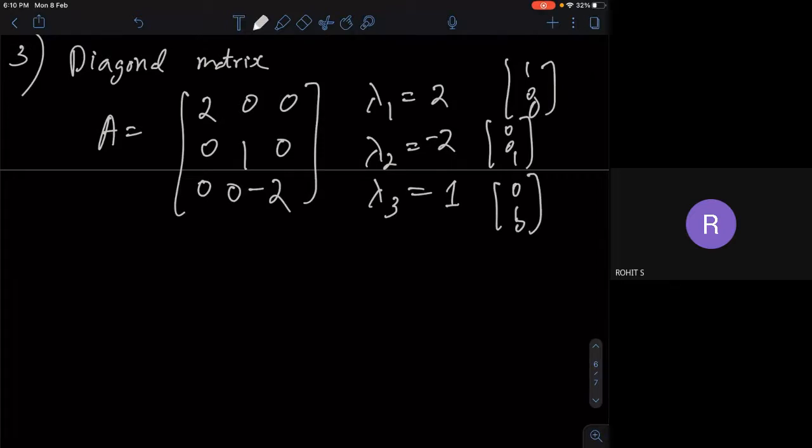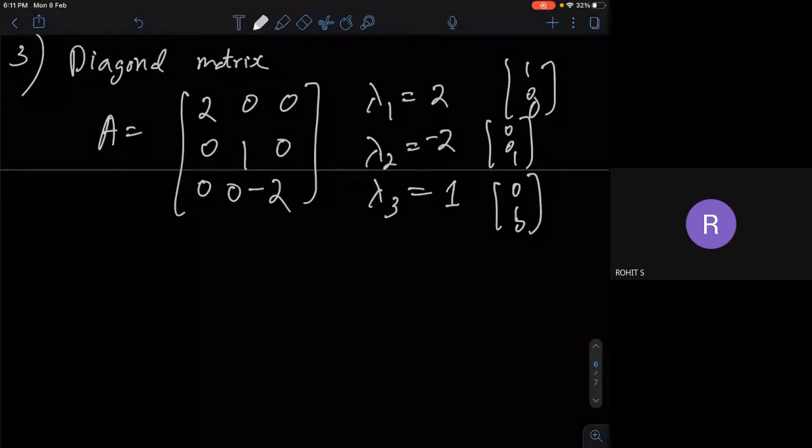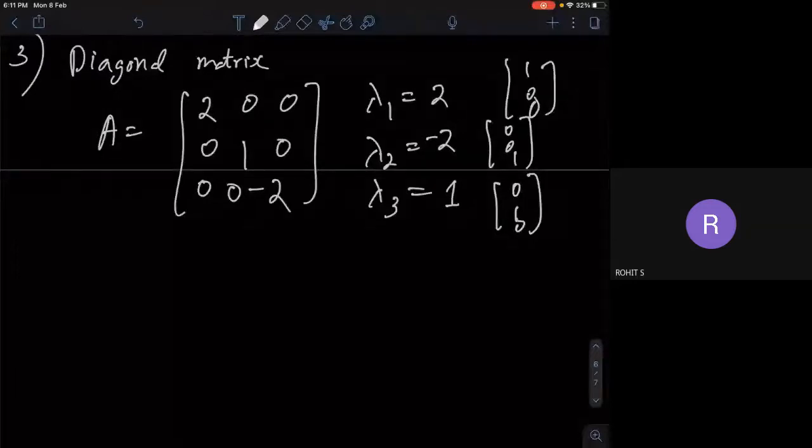These are the eigenvectors corresponding to each of these eigenvalues. So if I give you the matrix, easily you can tell me its eigenvalues and eigenvectors. How can I check these? Is there some sanity check I can do? Yeah. Look at its trace. The sum of its diagonal elements, 2 plus 1 plus minus 2, is the same as the sum of the eigenvalues, 2 minus 2, 1. They have to match.